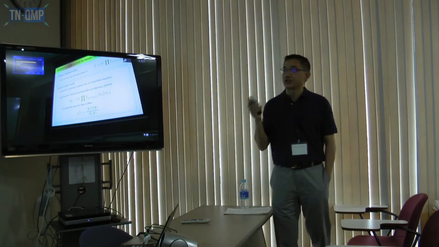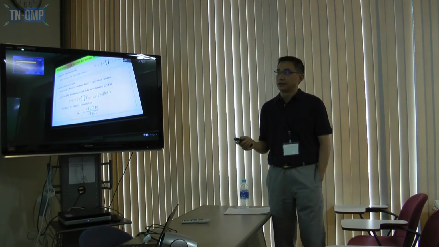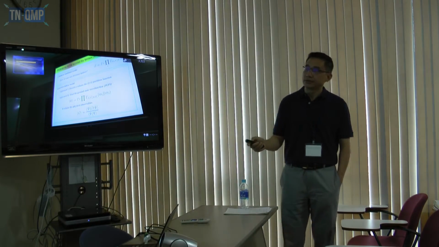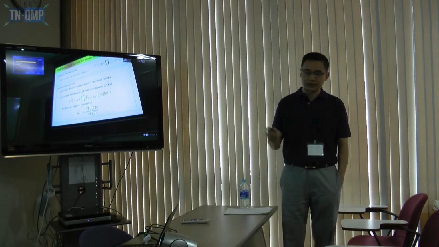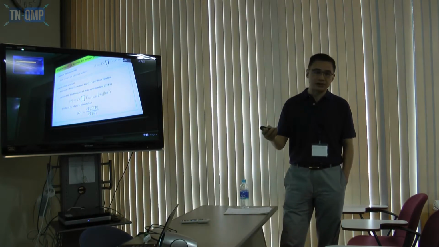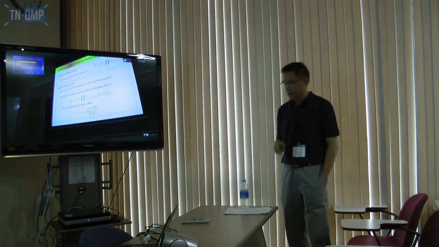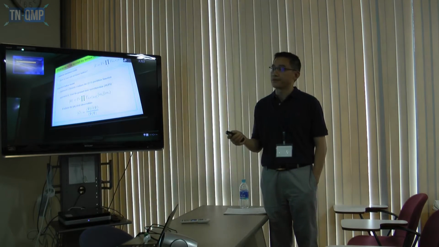So what we need to do with the tensor renormalization group for the classical system or for the quantum system, one kind of work we need to do is to trace out all the tensors to get the partition function or thermodynamic quantities. This is one of the goals of this kind of method.